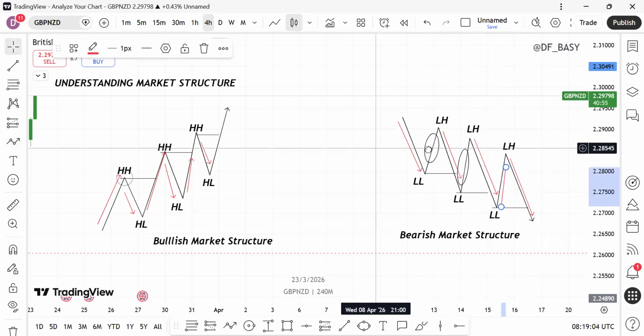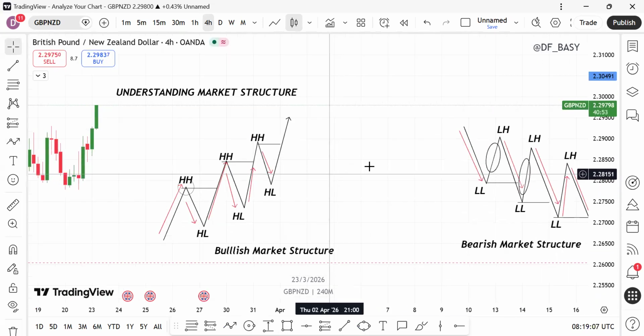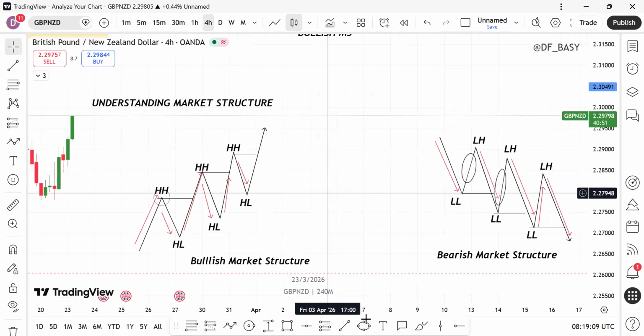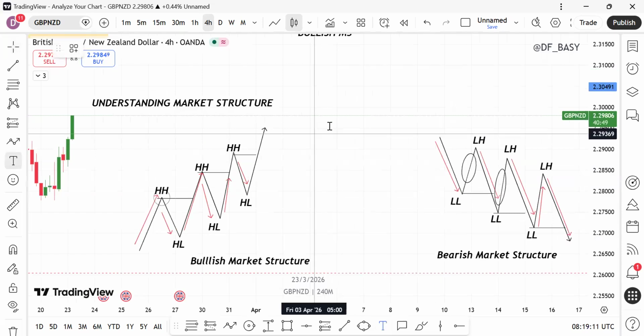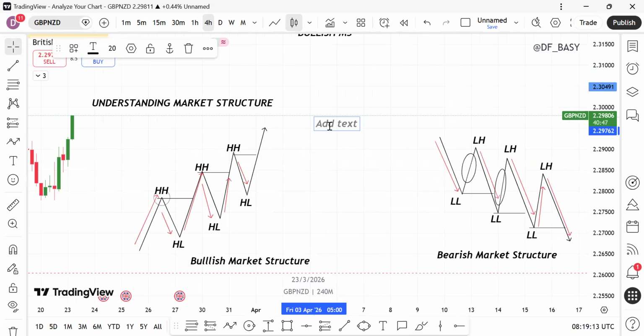So with that, you understand the impulsive and the corrective move, right? Market structure is made up of impulsive move and corrective.